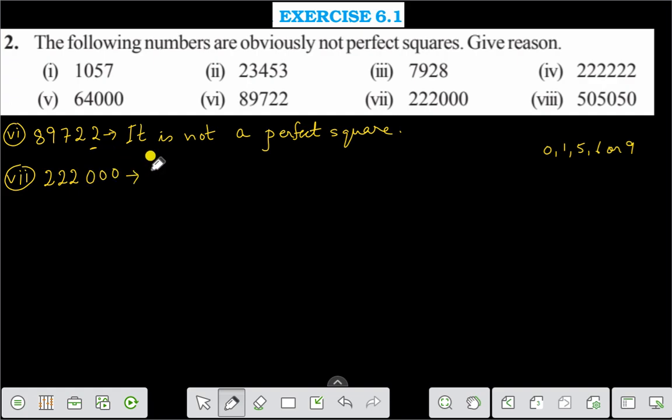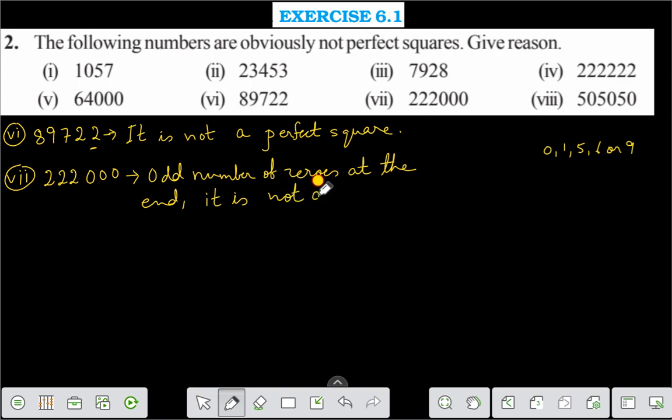Here you see there is an odd number of zeros at the end. Therefore, it is not a perfect square.